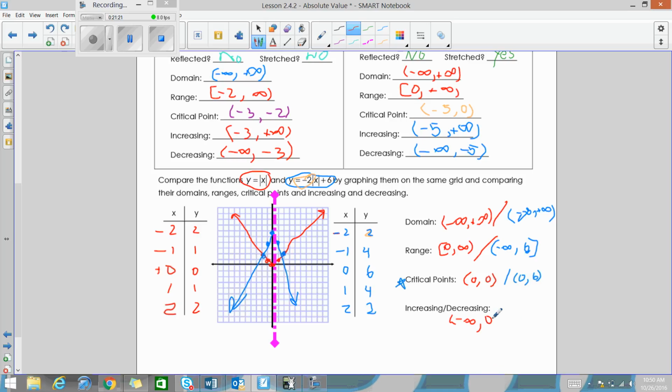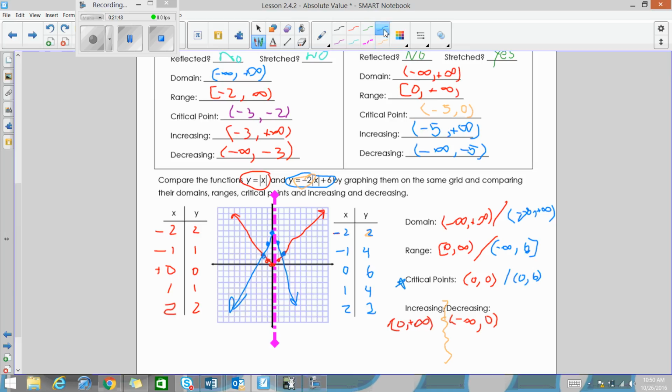All right, it's always your x values. Parenthesis. Now, we're going to increase from 0 to positive infinity. So I'm going to put increasing, decreasing right next to each other. So the red increases from 0 to positive infinity. The red decreases from negative infinity to 0.